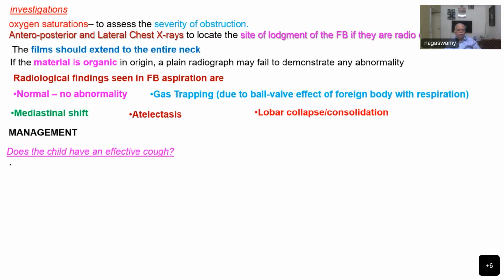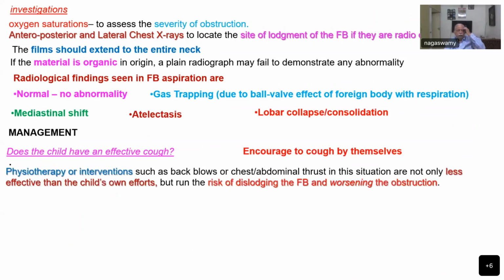Coming to the management, these are a few questions you have to ask when you want to manage a patient with a suspected foreign body. Does the child have an effective cough? Is the child conscious and having an effective cough? Encourage the child to cough by itself. Do not try any physiotherapy or interventions, because you can dislodge the foreign body and cause a worsening of the obstruction.